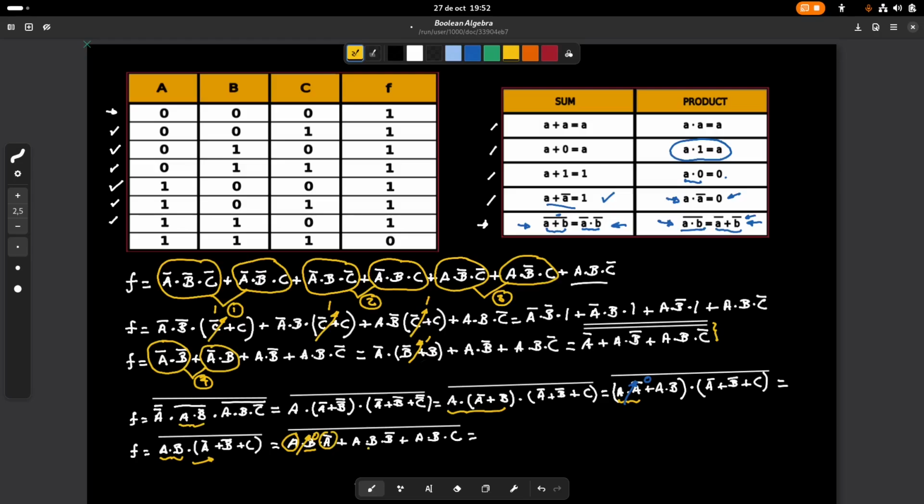B and B negated equals 0 ANDed with another term, this equals 0.